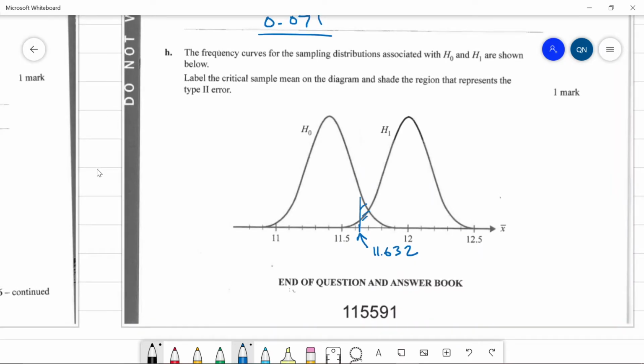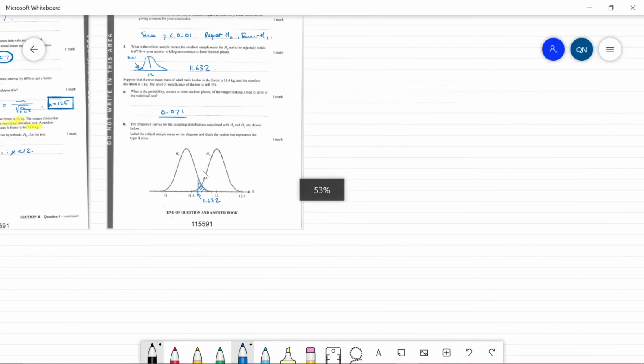So it should be over here, right? VCAA labeled this wrong. It should be H0 and H1, right? Because this is 11.4. That should have been H1. I think that's a labeling mistake. Is it? I don't know. So yeah, that's the type 2 error region, right over there. And with that, we are done.